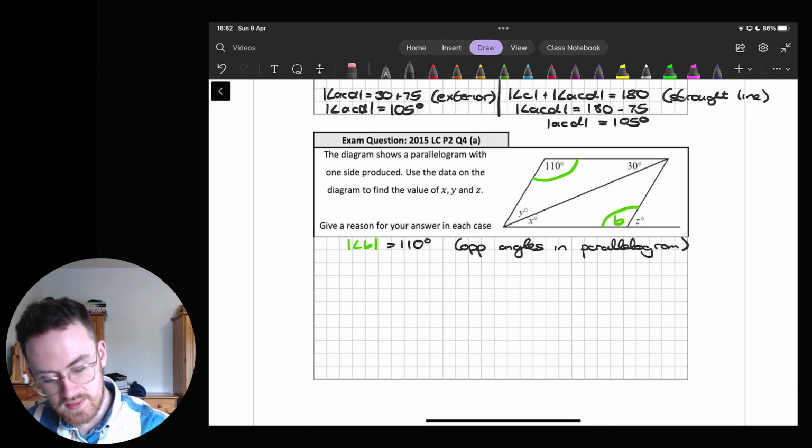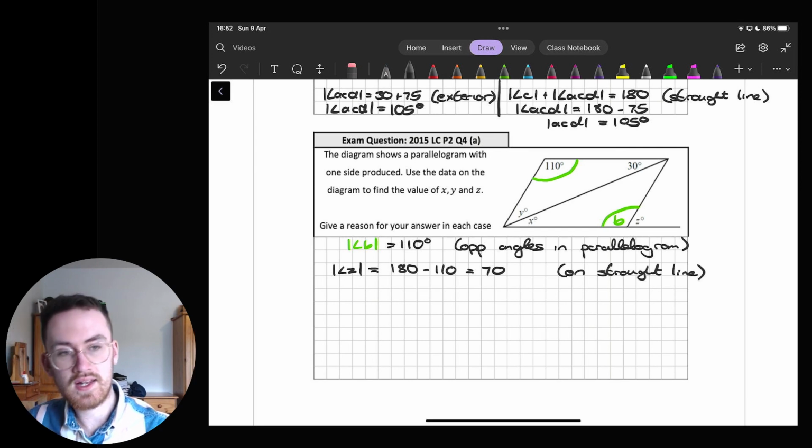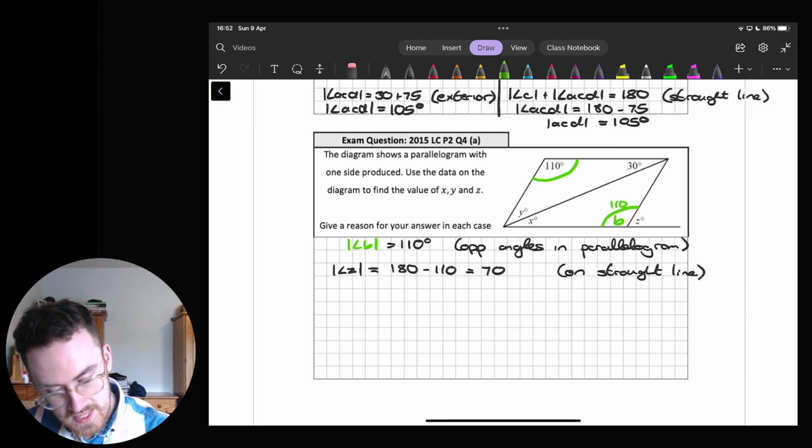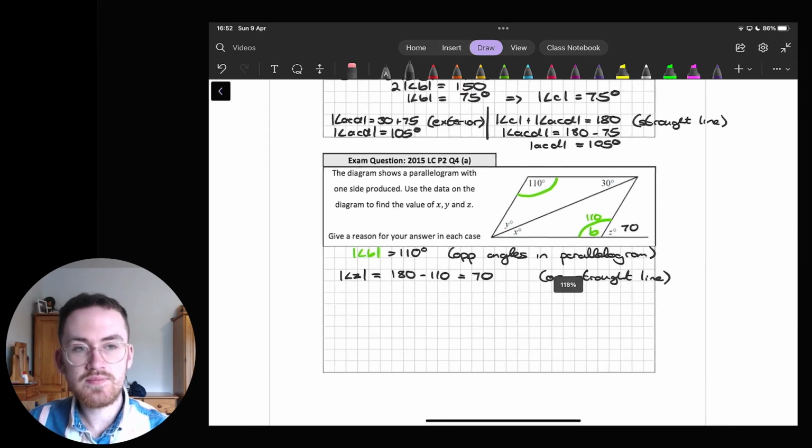And we can say then that angle Z is equal to 180 minus 110, which is 70, because they're on a straight line. Those two angles are on a straight line, so they should add up to 180. So this one is 110, and Z, which we're looking for, is 70. So that's perfect.